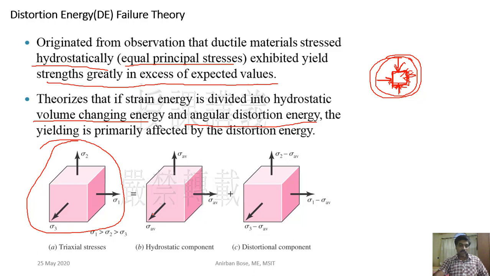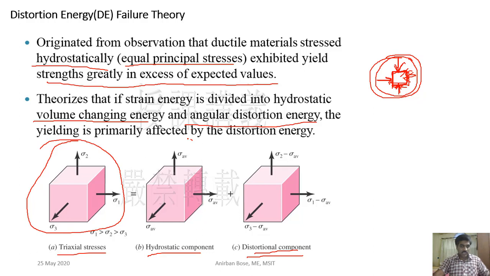One is the average stress acting in all directions, that is the same principal stress in all directions, which is called the hydrostatic component, and another one which is the distortion component, that means the remaining part. That means sigma 1 minus sigma average, sigma 2 minus sigma average, sigma 3 minus sigma average. So we can divide the general triaxial stress into hydrostatic component and distortion component.